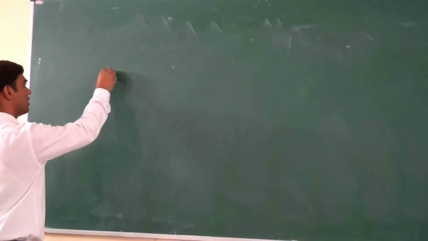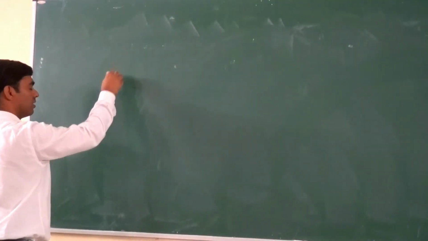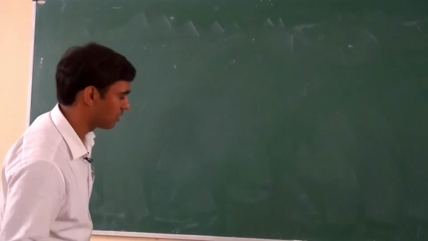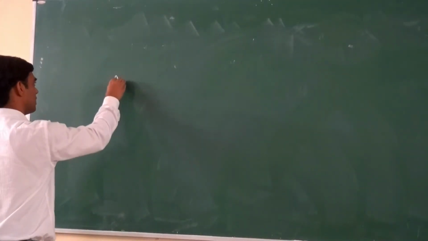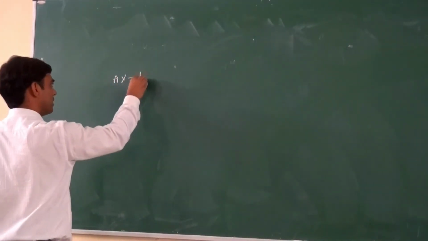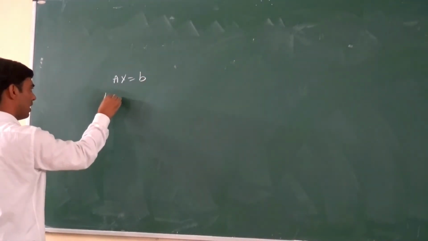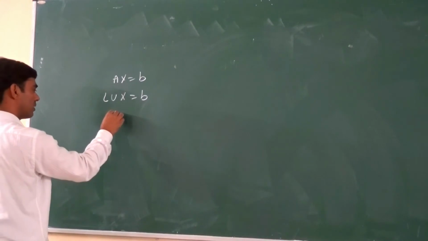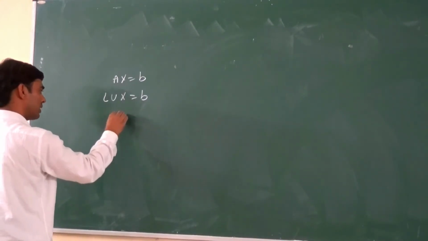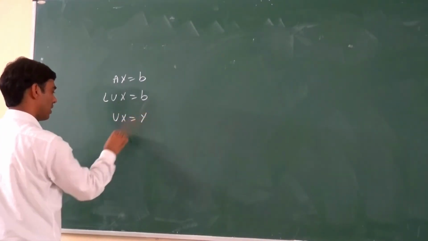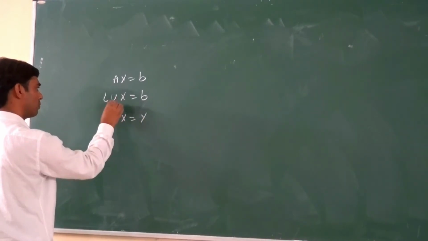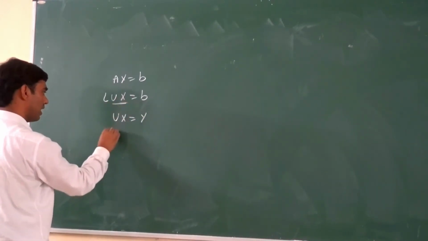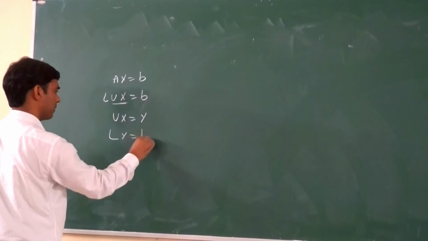Once we find L and U, we write Ax equal to B, and Ax is LUx equal to B. Let Ux equal Y, then LY equal B.